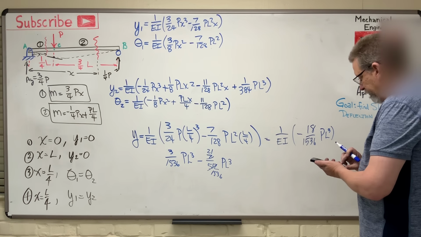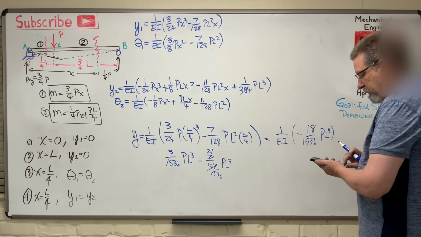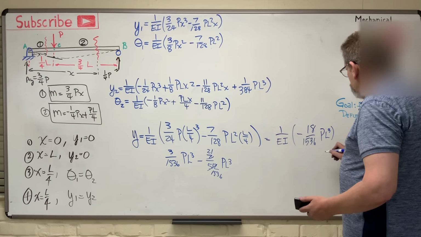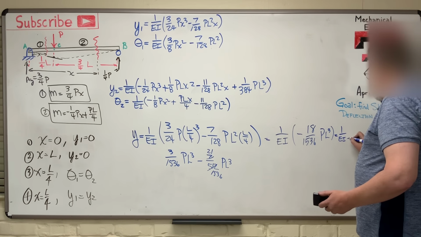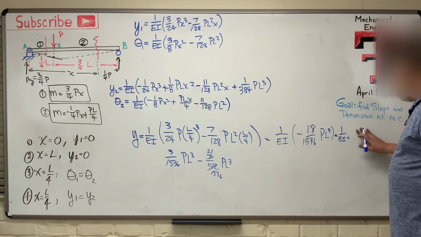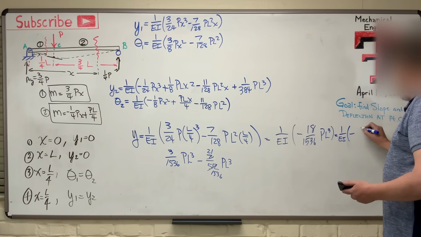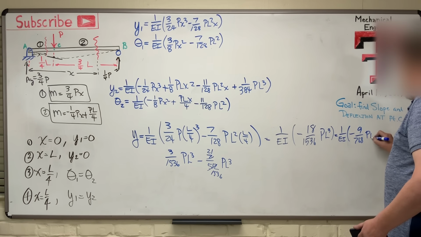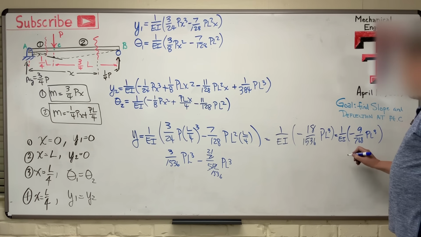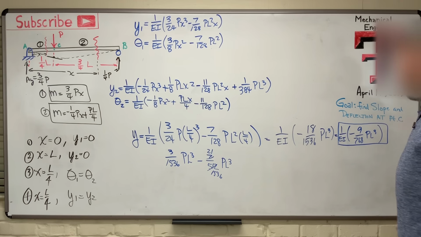Of course it is. 1536 divided by 2, 768. So we could use that. We could say y is equal to 1 over E times I times minus 9 over 768 PL cubed. Okay? And that would be my final answer for the displacement of y.